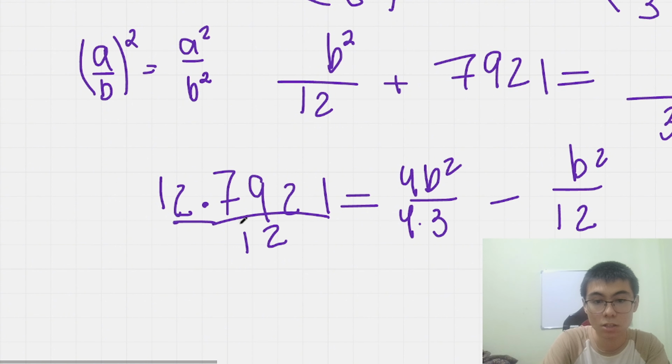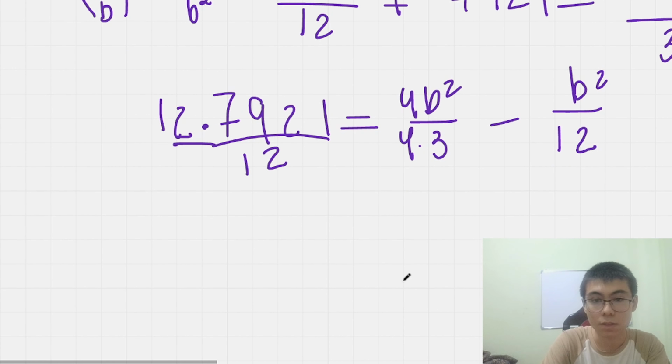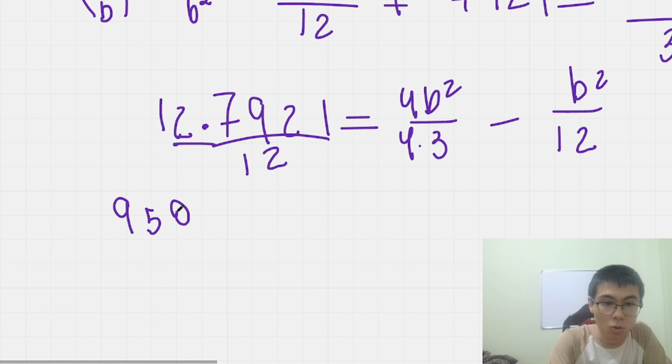Now all the denominators are 12, so we can just leave the top side. I'm gonna use my calculator here: 7,921 multiplied by 12. So we get 95,052, and this equals 3b squared.